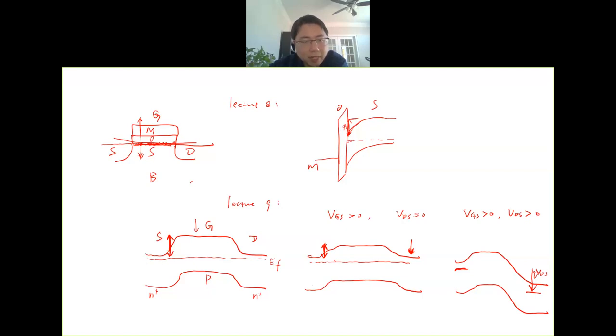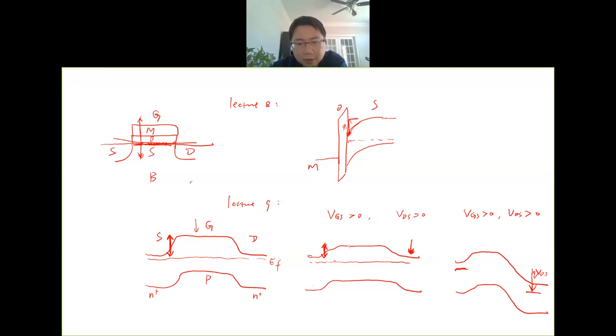And then you have this built-in potential barrier between the source and the gate. In the equilibrium state, that means we don't have external voltage, the Fermi level will be a single level from source to drain. Now if we increase the gate voltage, like VGS larger than 0, with positive gate voltage we push down the band from the gate.